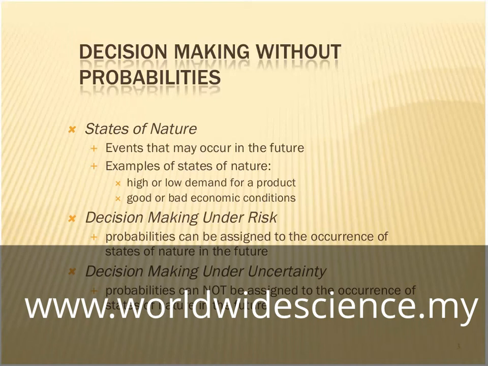It depends on your decision. For example, if you want to make a decision based on demand, the state of nature is the high or low demand for the product. If you want to make a decision based on the economy, good, bad, a stable economy, all of them can be a state of nature.